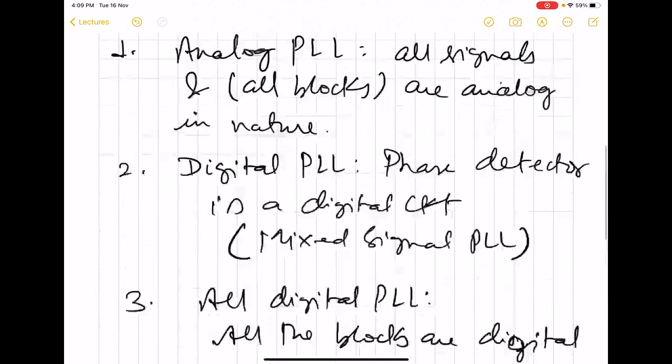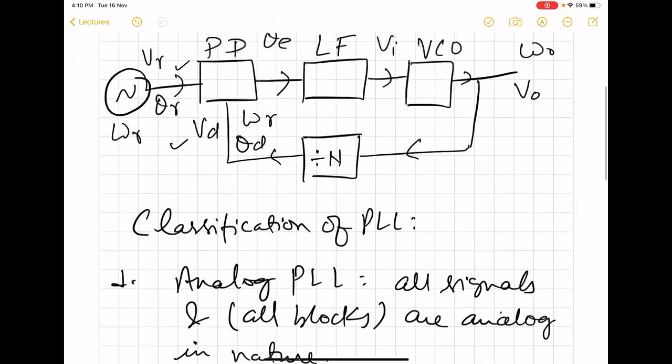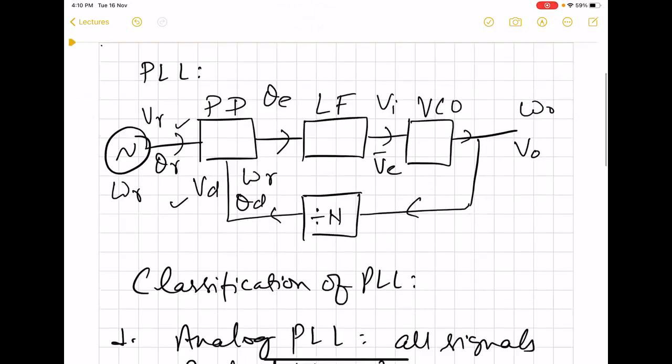So here we have labeled the various signals VR, VD, and then VO, and ultimately we will be interested in a signal which will be fed to this VCO. This is also sometimes called the average of the PD and loop filter combined.